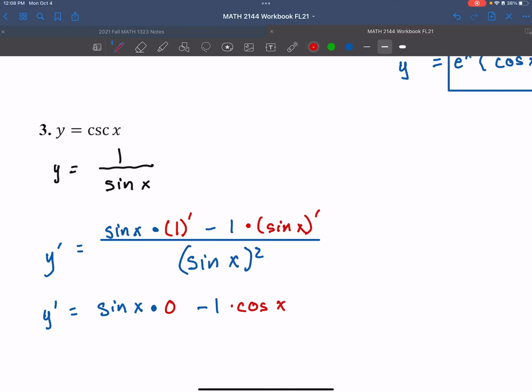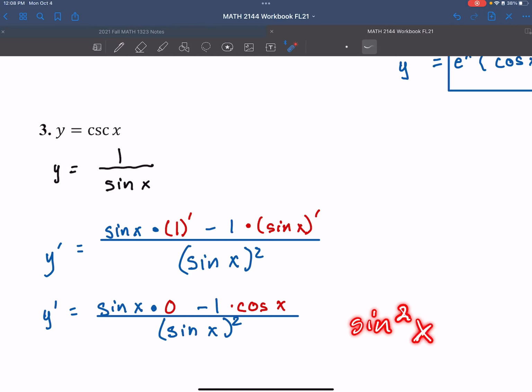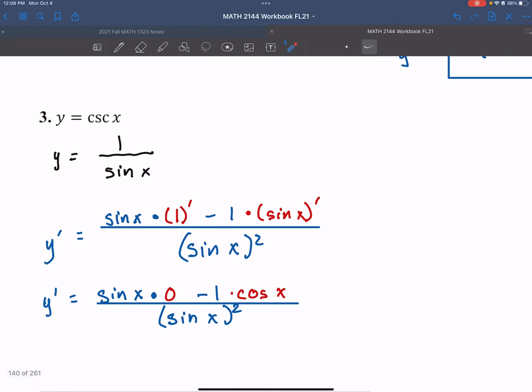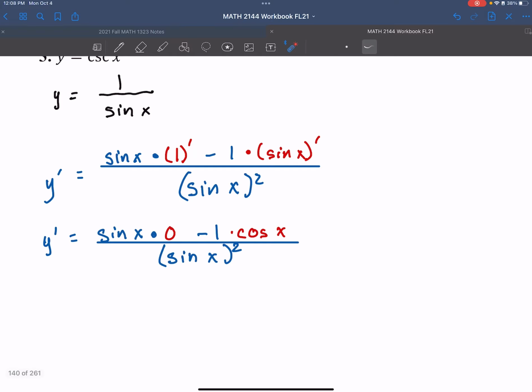Cosine. That's correct. And then in the denominator, I'm going to just leave this as sine of x still squared. Remember, you could have also chosen to write this as sine squared of x if you wanted, but I'm going to show you why I didn't do that here in a moment. So that step, I just took the derivatives as I specified in red.